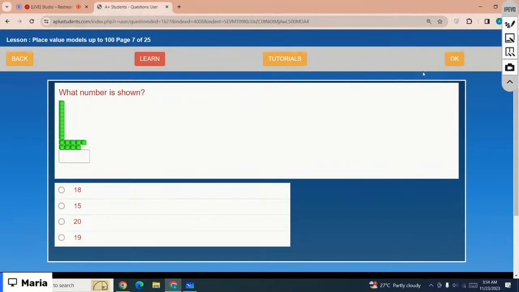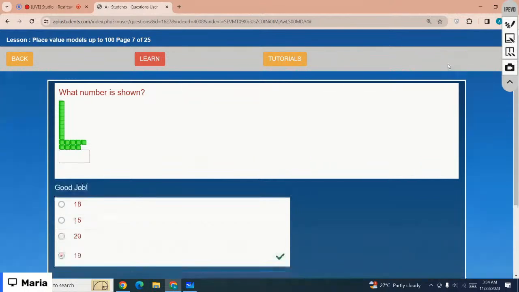One ten and one, two, three, four, five, nine ones. So together they make 19. The correct option is 19, right?